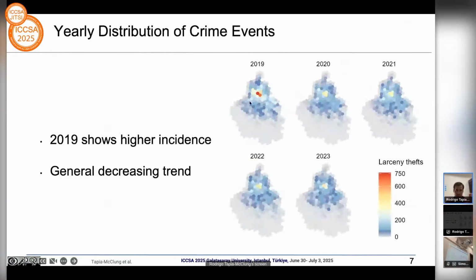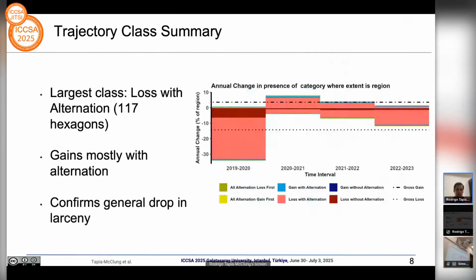That relates to the size of these values here in the maps to the next years, which have lower counts. What is also interesting is that we have a lot of loss with alternation values in here, which are the pink or light reddish bars. So overall, we can confirm a general drop in larceny.